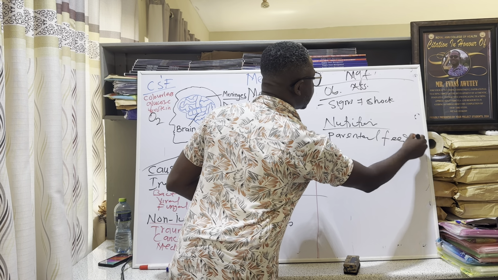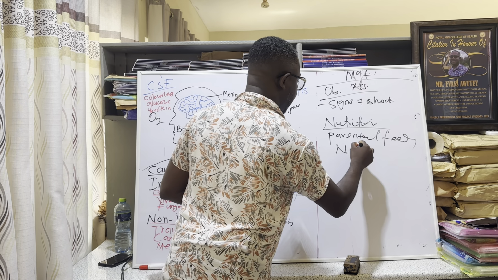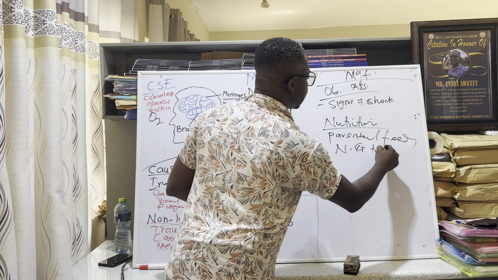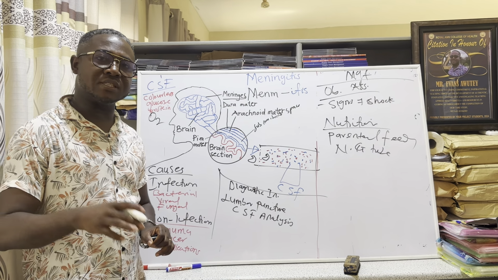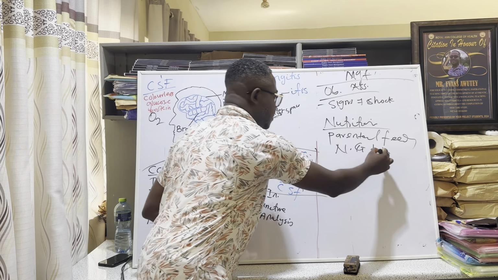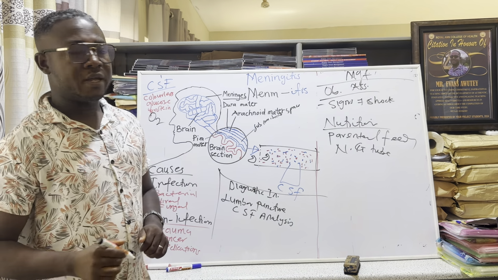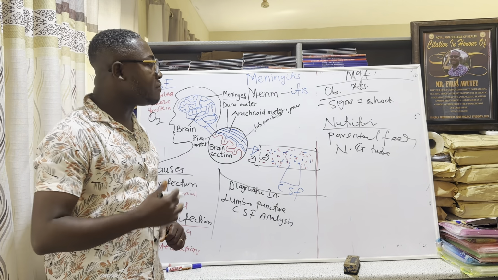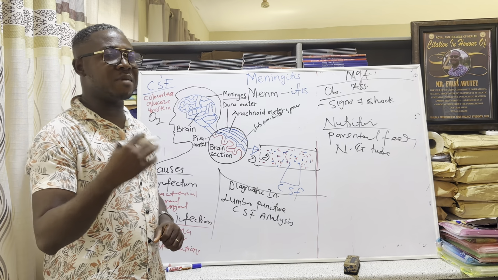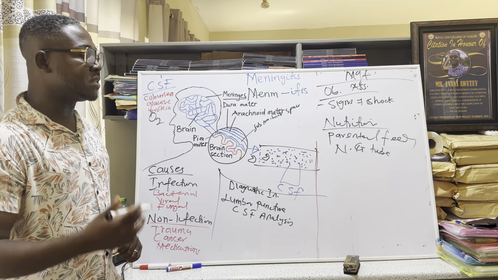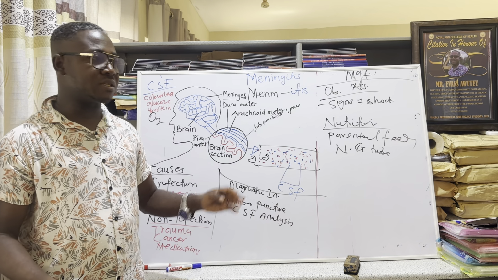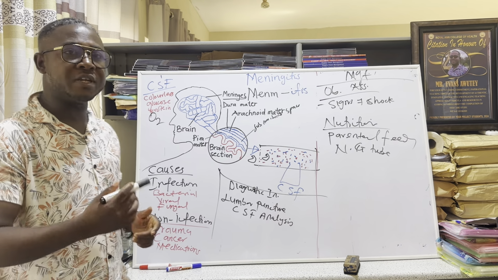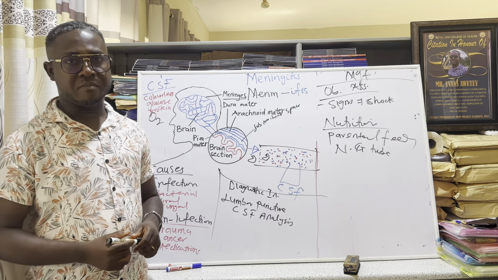feeding or NG tube if there is what? Nuchal rigidity or stiffness of the neck. Now, so if the muscles are relaxed and the patient is not having nuchal rigidity or stiffness of the neck, then we can feed the patient by mouth.